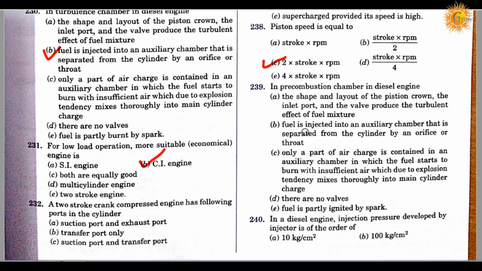Option B, fuel is injected into an auxiliary chamber that is separated from the cylinder by an orifice or throat. Option C, only a part of air charge is contained in an auxiliary chamber in which the fuel starts to burn with insufficient air, which due to explosion tendency mixes thoroughly into main cylinder charge.